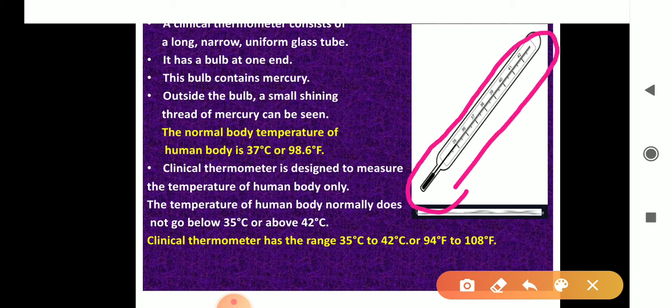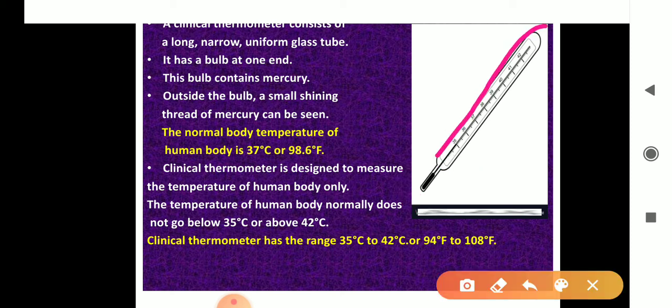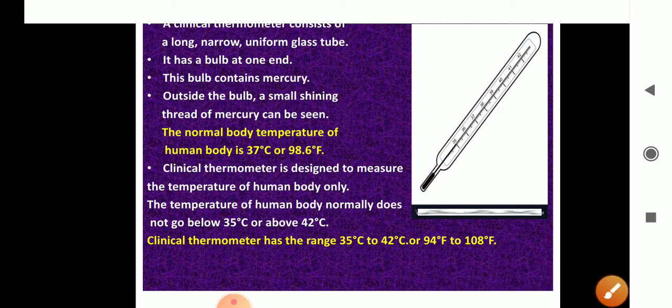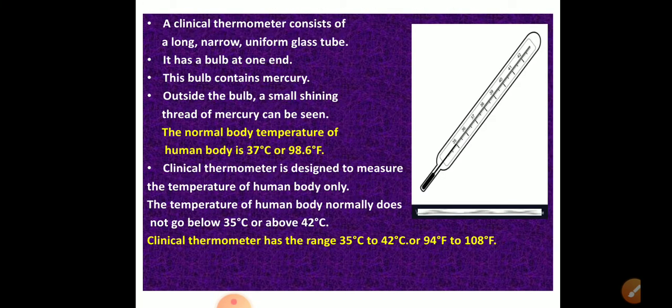And at the start of this tube is a structure that is called the bulb. This bulb contains mercury inside. You can see the blackish liquid filled in it. Actually it is not blackish, it is shiny, but in this diagram it is shown with black color. Then it is mercury.